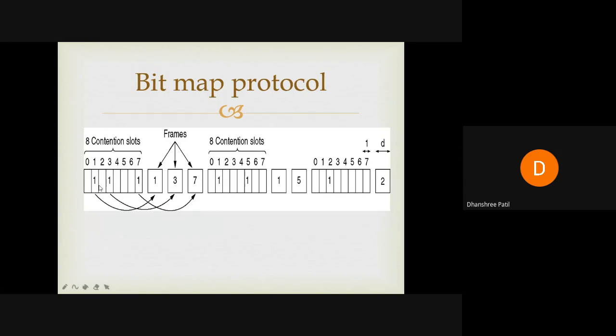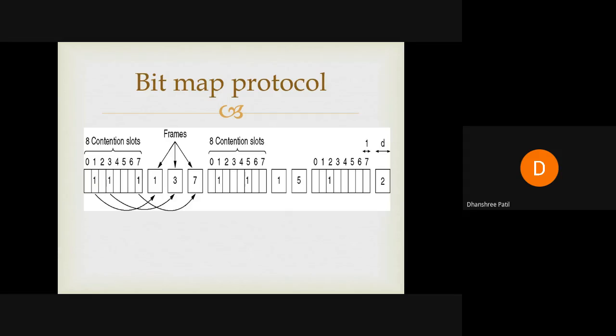The station that wants to send a frame just transmits one bit in its own slot. Now suppose station 2 has to transmit a frame, but station 3 has already started its transmission, and in the middle station 2 feels that it wants to send the frame. At that time station 2 is not allowed to send the frame.